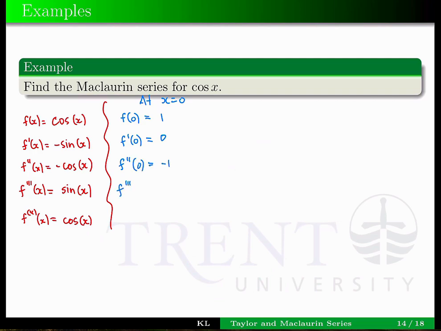F triple prime of 0, this is again 0. And of course, the fourth derivative of f evaluated at 0 is equal to 1. And again, it will cycle. Let us just consider these four things here because it will just go on and on in circles. 1, 0, negative 1, 0, then positive 1, 0, then negative 1, 0.